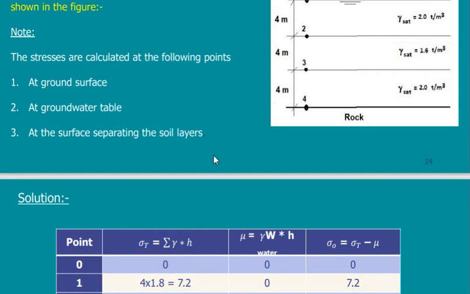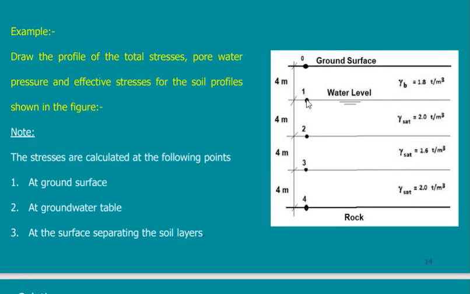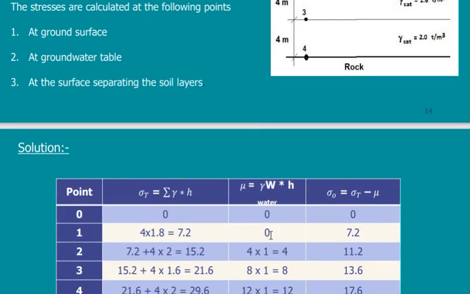If I have a total stress of 0, then everything is 0. But if I go here, the groundwater table is 0. So if you go here, you will find that there is an additional 0 here, because for water, it starts from point number 1, not from point number 0.